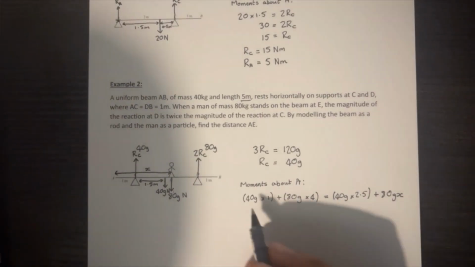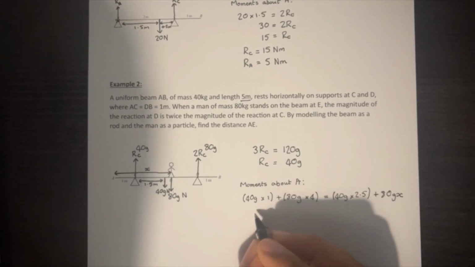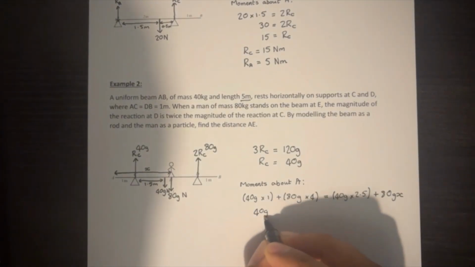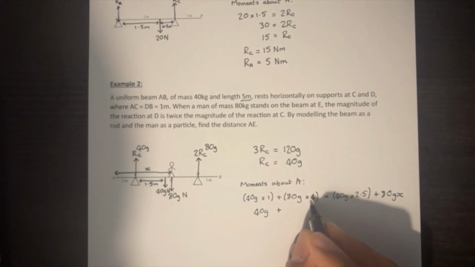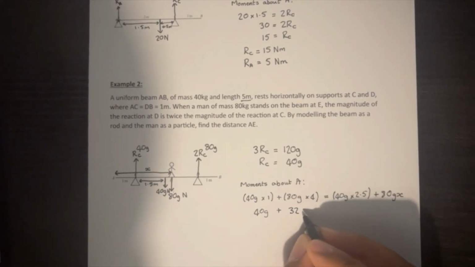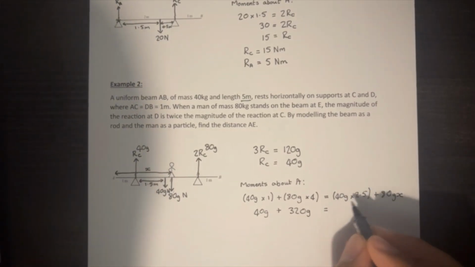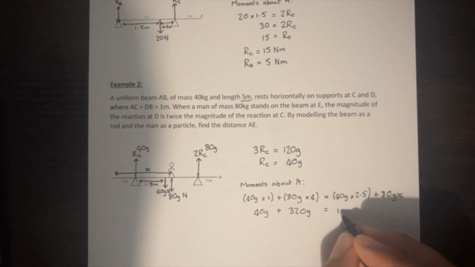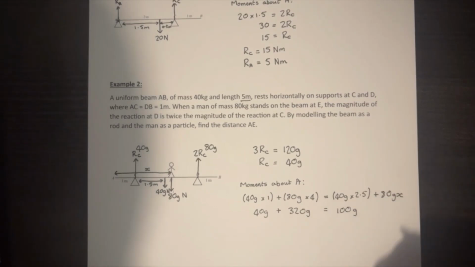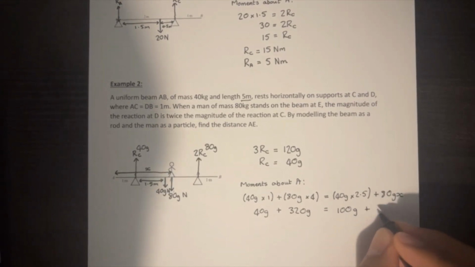Now let's do a little bit of simplification. 40g times 1 is just 40g. 80g times 4 is 320g. And that is equal to 40g times 2.5, which is 100g, plus 80gx.